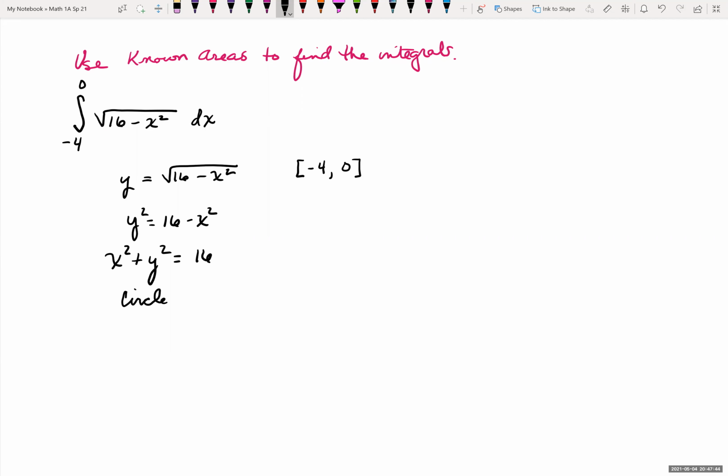This is a circle centered at 0, 0, and this is a radius of 4.